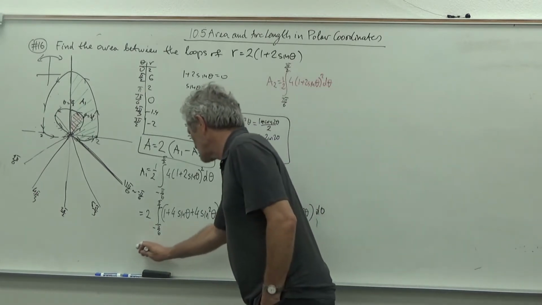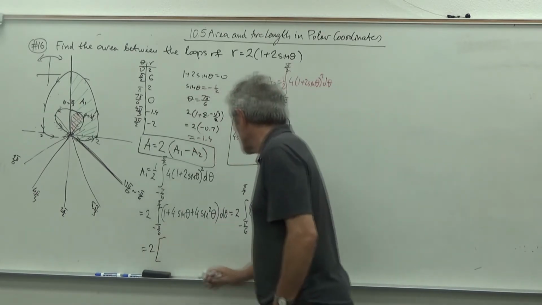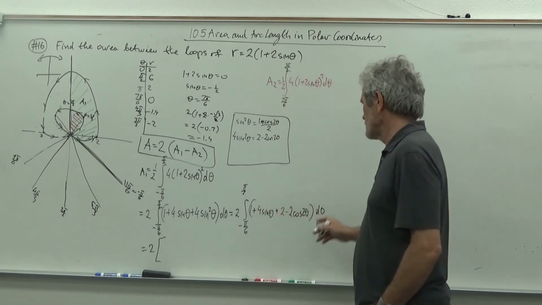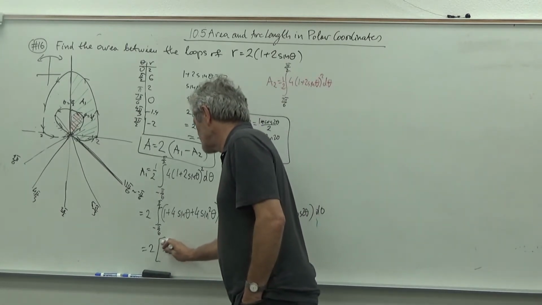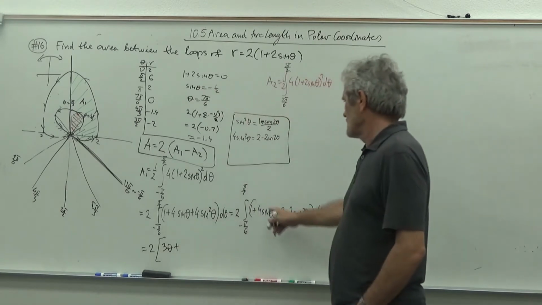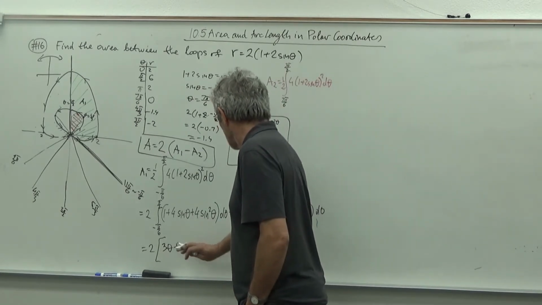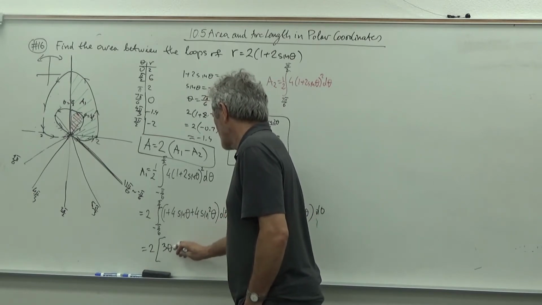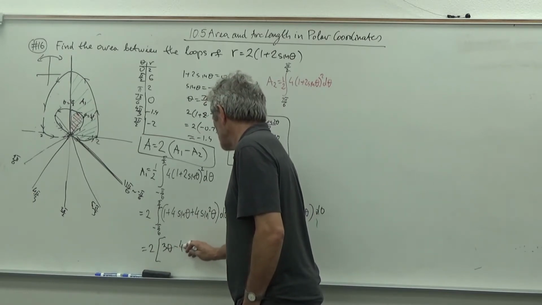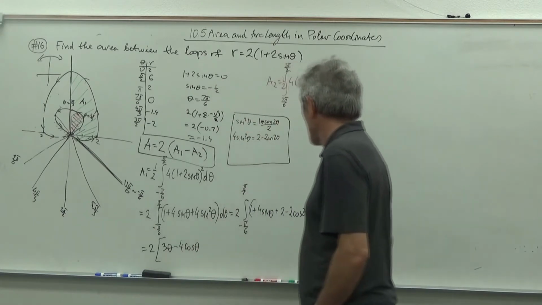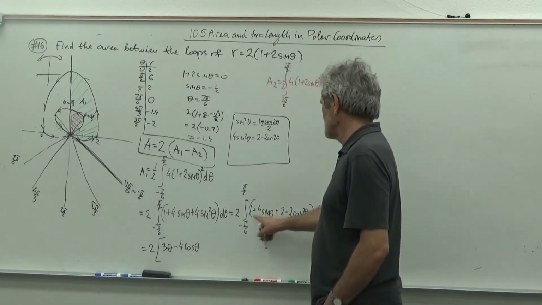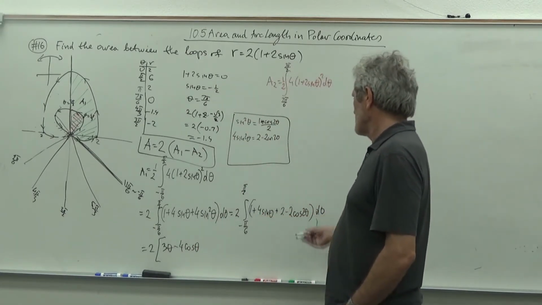And then I can integrate. 1 and 2 is 3. When I integrate it, I get 3 theta. Plus 4 sine theta, when I integrate it, I get negative, so minus 4 cosine theta. So this is done, this is done, this is done. And then what would this be?